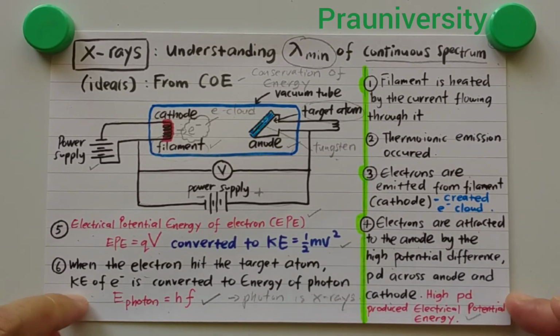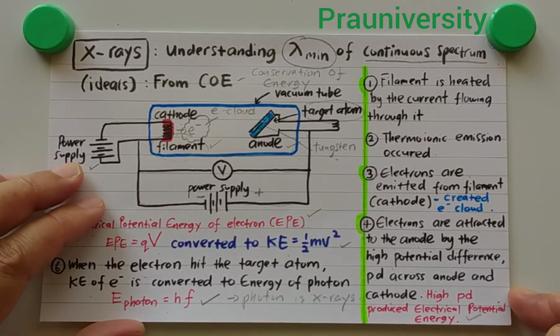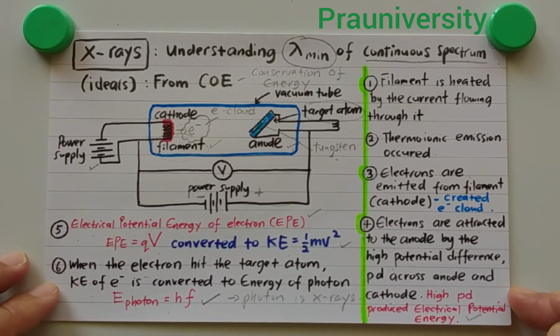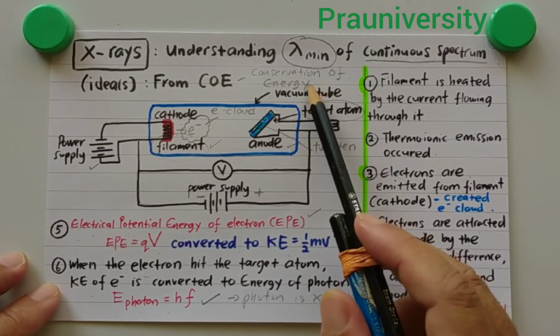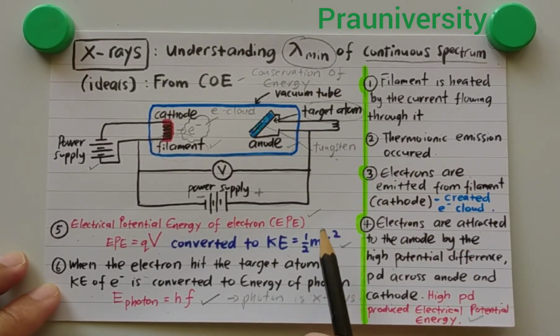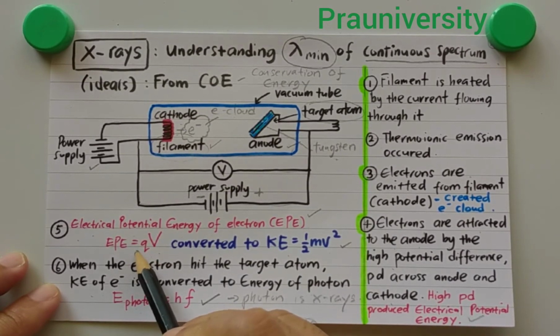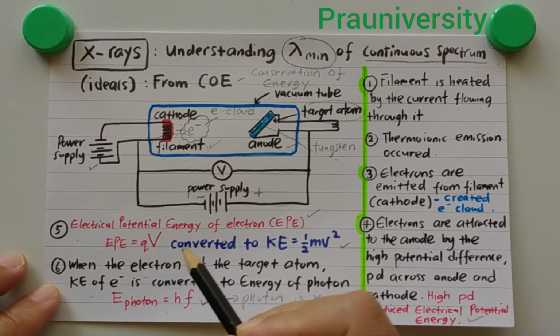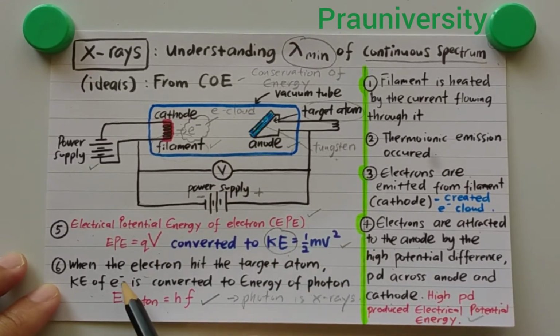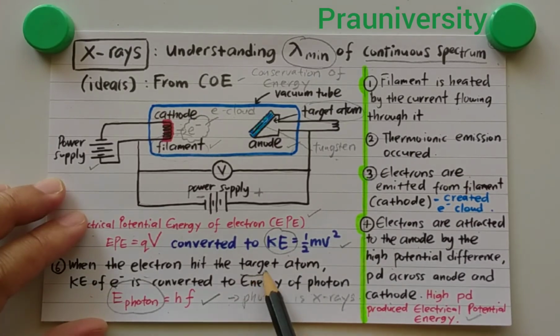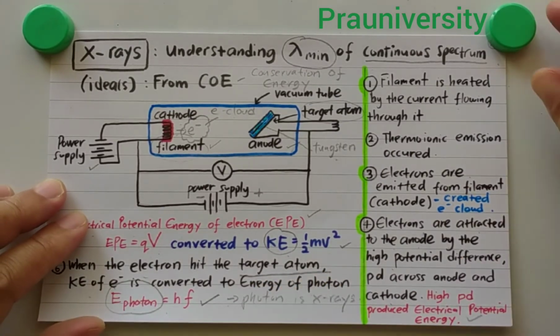Okay, hopefully we can understand the conservation of energy, and how the electrical potential energy experienced by the electron is converted to the kinetic energy, and then converted to the photon energy when the electron hits the target atom. Okay, we continue.